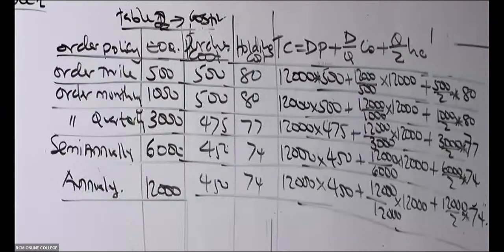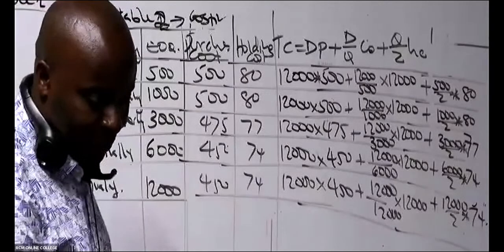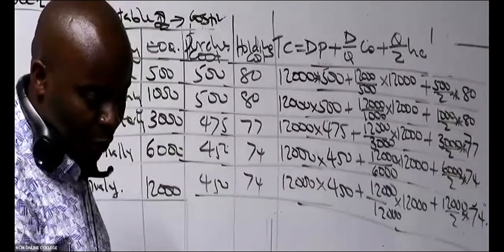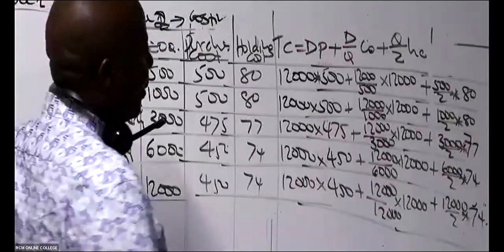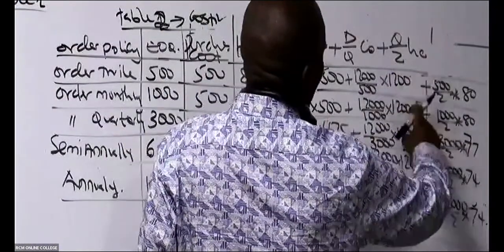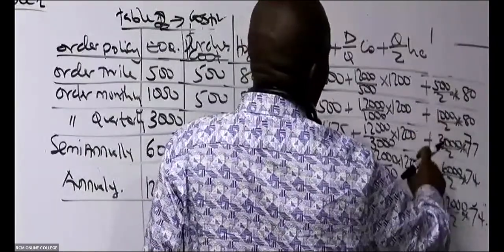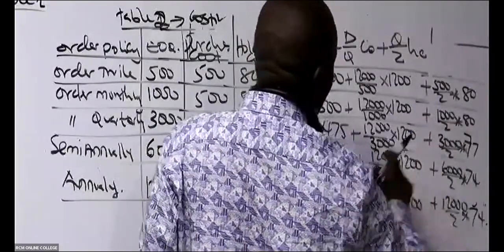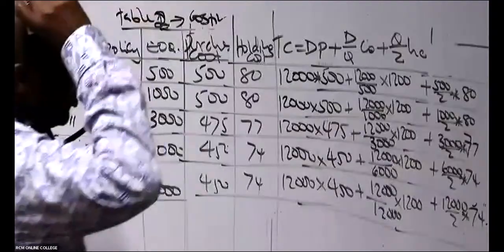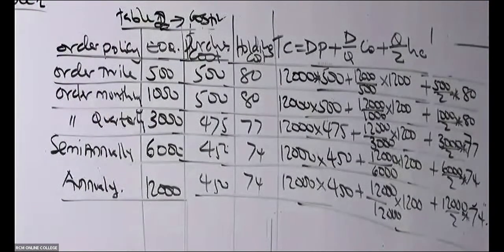12,000 times 500 plus 12,000 over 500 times 12,000 plus 500 over 2. You have written, sorry, I think there is an error somewhere. It's 1,200, not 12K. Thank you so much. For our future generations, we shall have correct answers.